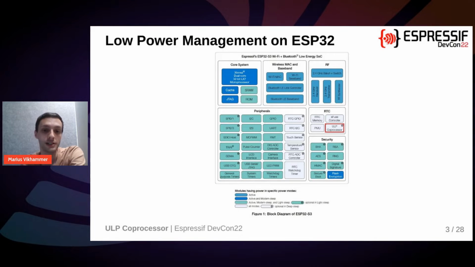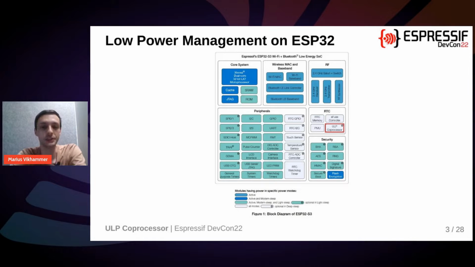And then we have light sleep, which is pretty configurable, but it's mainly about shutting down the CPU. And then we have deep sleep, which is where you can have the lowest power consumption possible. And here, basically everything is shut off except for possibly the RTC power domain. If you have worked with ESP-IDF, you'll see this term RTC come up everywhere.